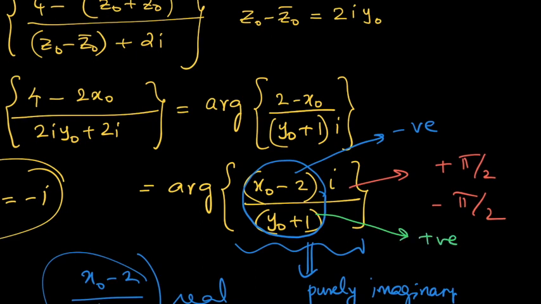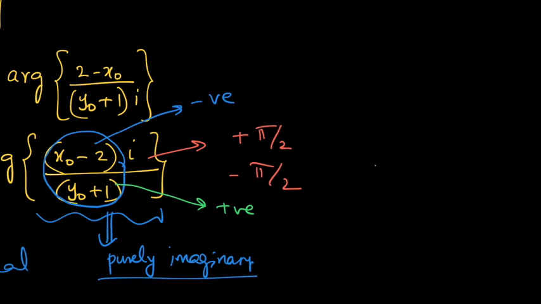Because x0 lies between 0 and 1, as we obtained from the figure. So we have a negative quantity in the numerator, a positive quantity in the denominator, and it is multiplied with i. So we have to find the argument of a negative imaginary number, or an imaginary number lying on the negative y-axis, and the answer is going to be minus pi by 2.